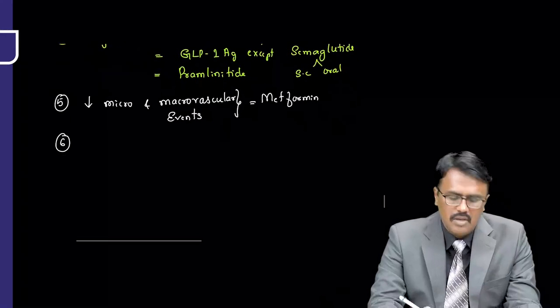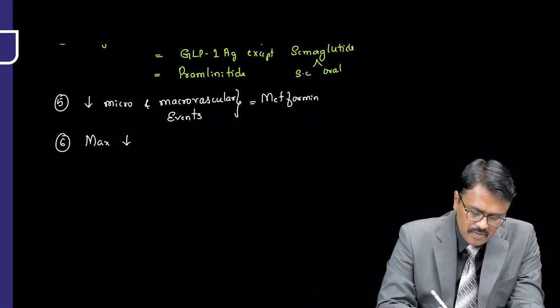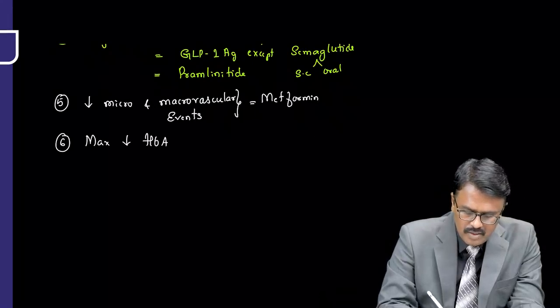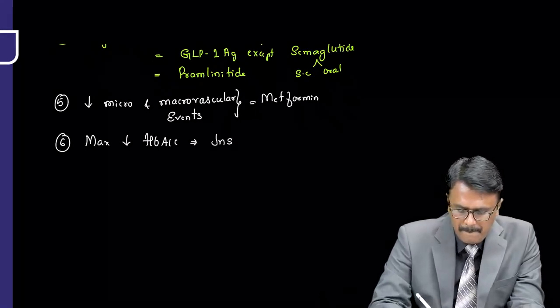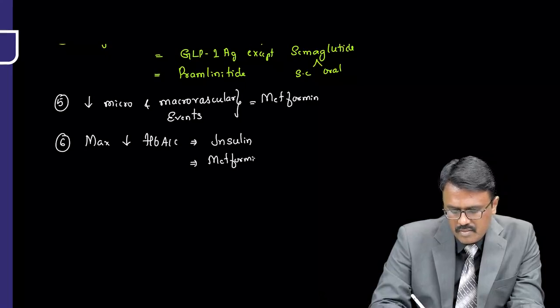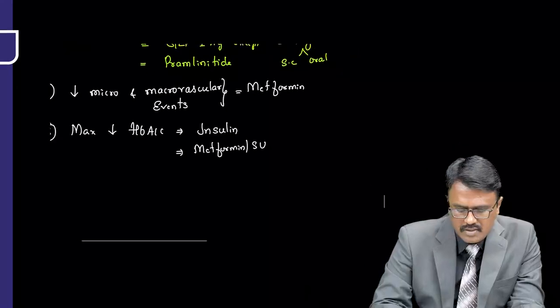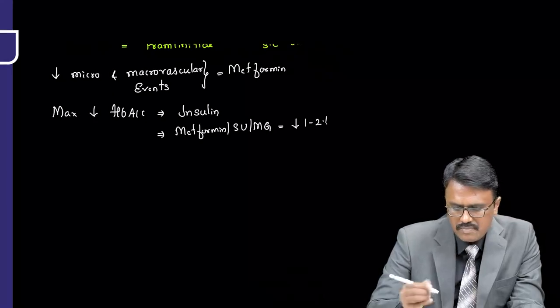These are the points. Now, who will reduce HbA1c the maximum? The maximum decrease in HbA1c is done by insulin. Then we have metformin and sulfonylureas. These are known to decrease the HbA1c by 1 to 2%.